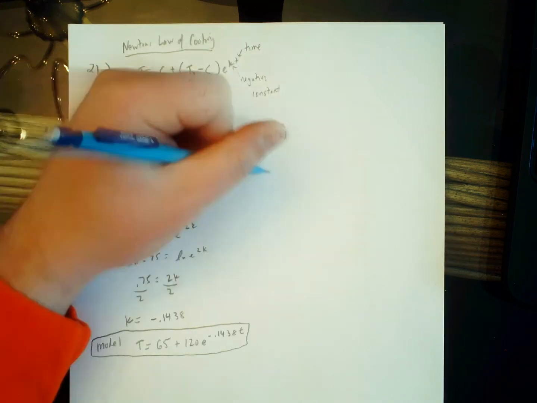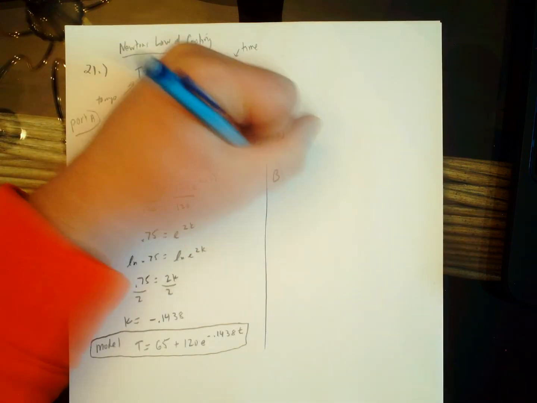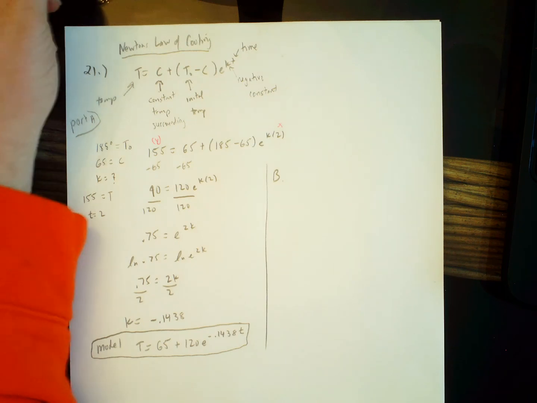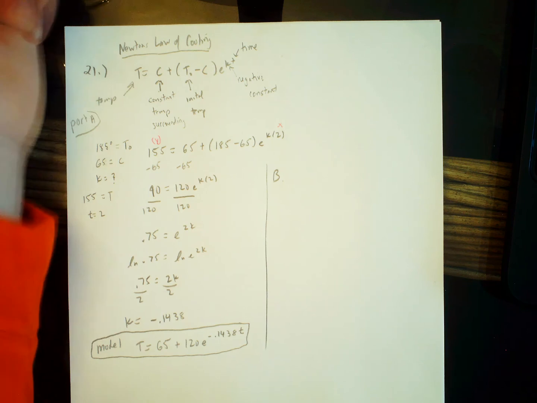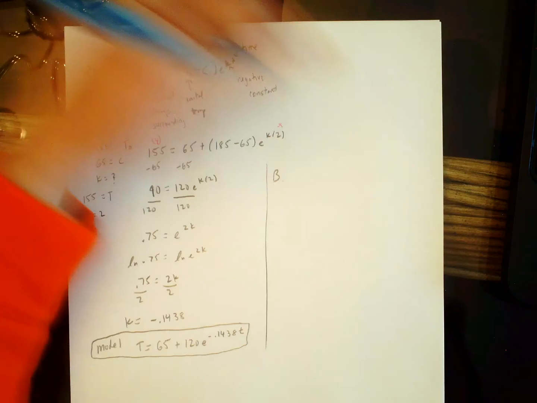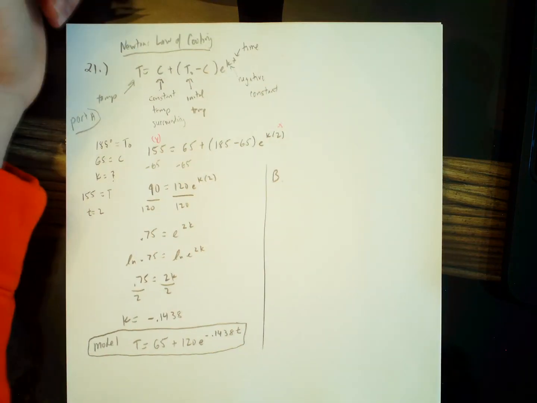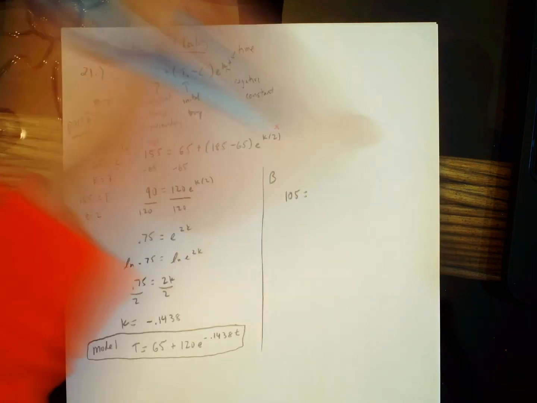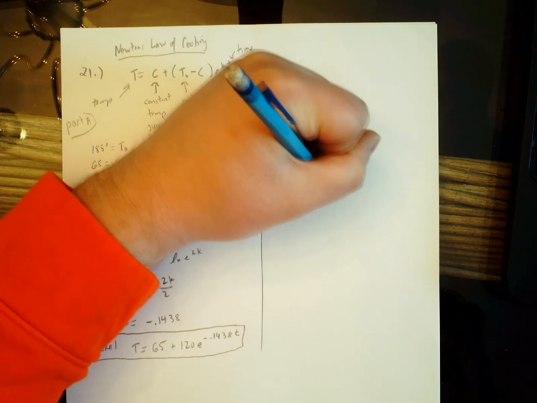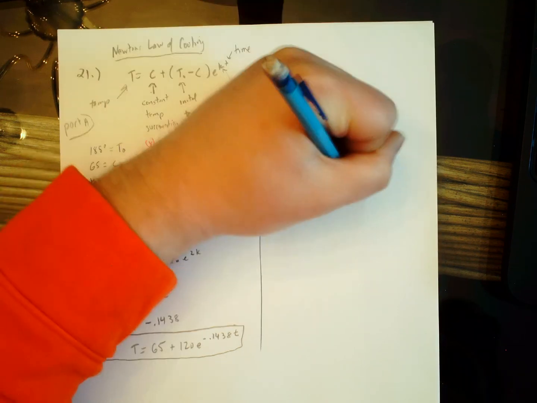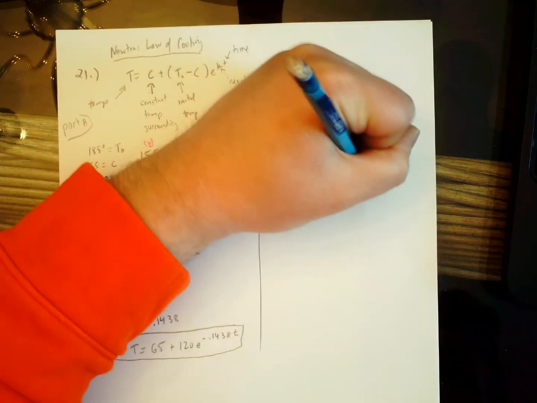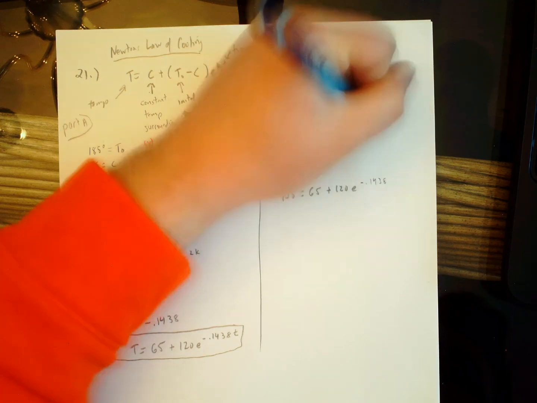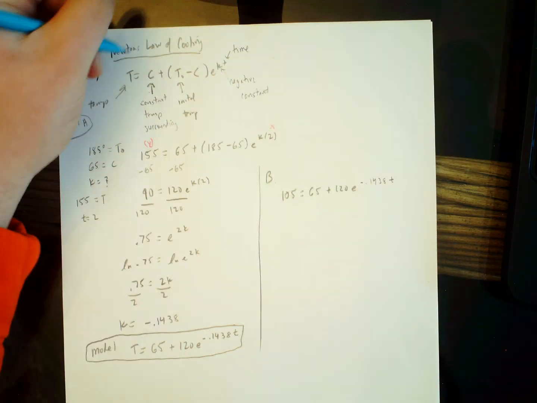And now we'll do B real quick. So part B, it says, when will the temperature of the coffee be 105? So when is the temperature going to be 105? So we're solving for when, that's time t. So 105 equals, right into your model, 65 plus 120 e negative 0.1438 t.